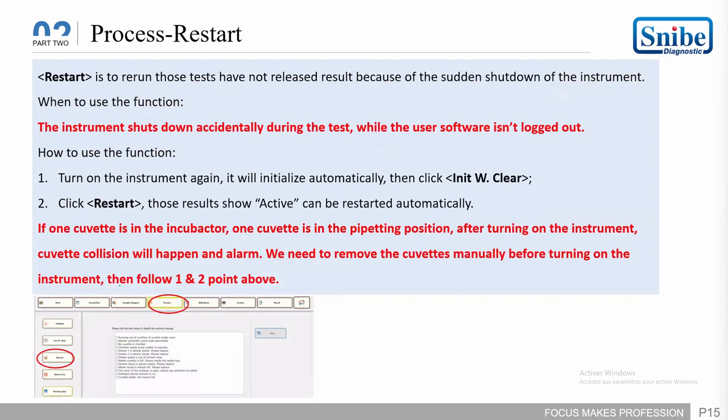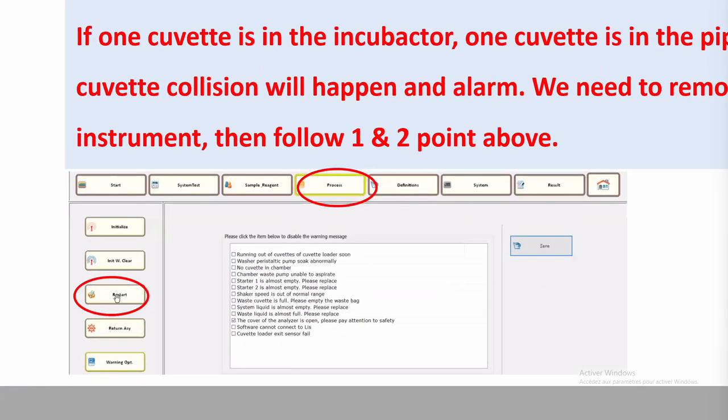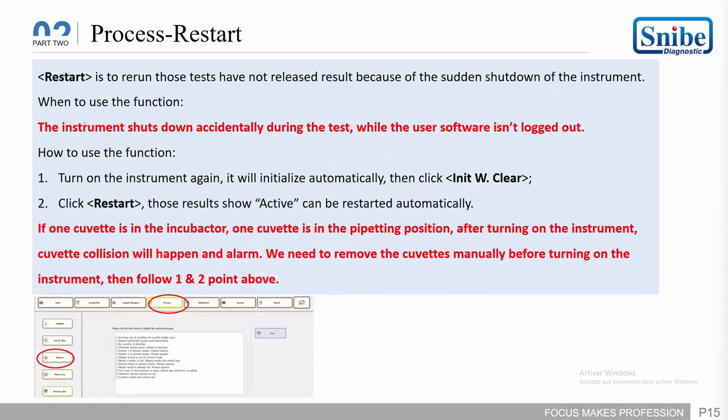This is the initialization with clear cuvette. Then the other function is restart in the process. Restart is to return those tests that have not released the results because of a sudden shutdown of the instrument during testing. When to use restart: the instrument shut down accidentally during tests while the user software is not logged out.